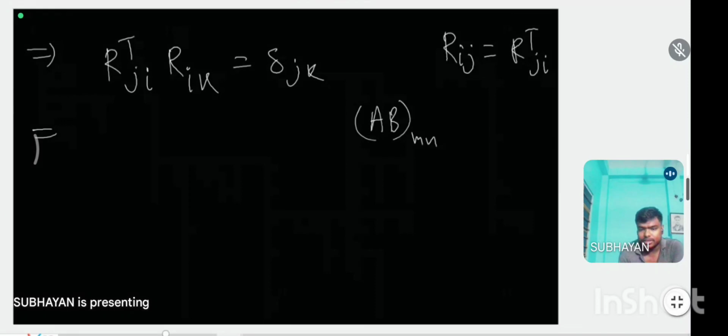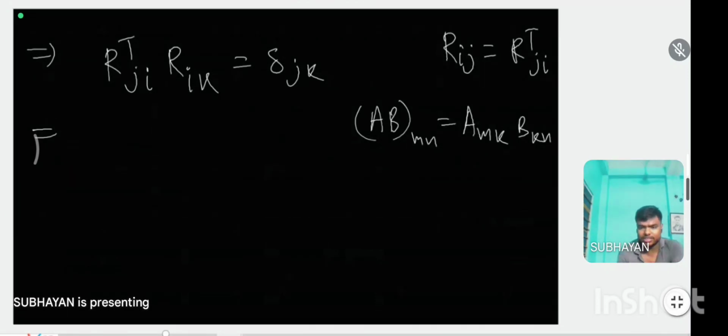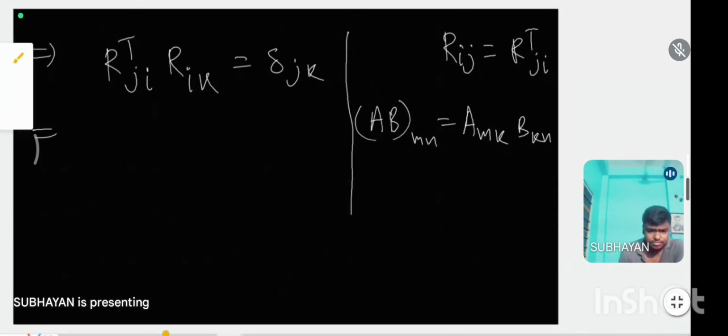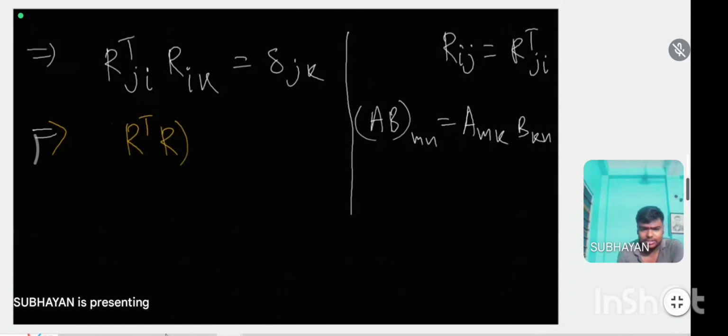This is a summation over k, and as k is a dummy index, we can drop the summation notation due to the Einstein summation convention. So surely now this portion is actually the jk element of R transpose R, equal to delta jk.